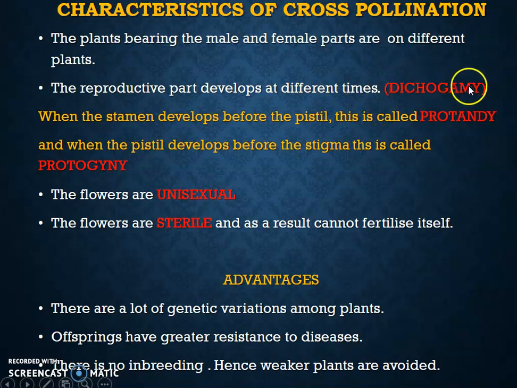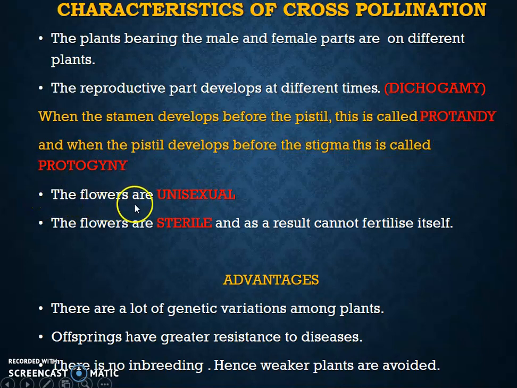Dicho means separate and gamy means marriage. It's a Greek term. Now, when the stamen develops before the pistil, this is said to be what? Protandry. And then when the pistil develops before the stamen, this is said to be what? Protogyny. So protandry, protogyny.